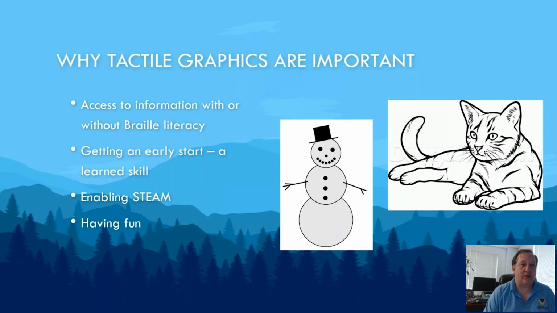If a blind student waits until high school, when they're in the middle of complex science and math, it might not be the right time to start learning, compared to if they had access to tactile graphics while in grade school. Plus, you can have a lot of fun, and do a lot more in depth with what you can do with tactile graphics.